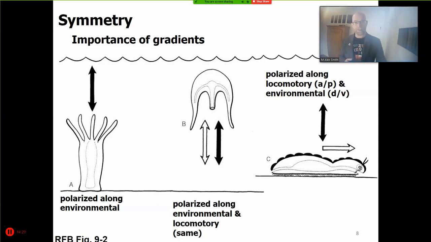If you're bilaterally symmetrical, which this little plug here on the right-hand side represents, that means you're polarized anterior-posterior, so you have a front and a back, and you have a dorsal and a ventral side. The anterior-posterior axis suggests movement.